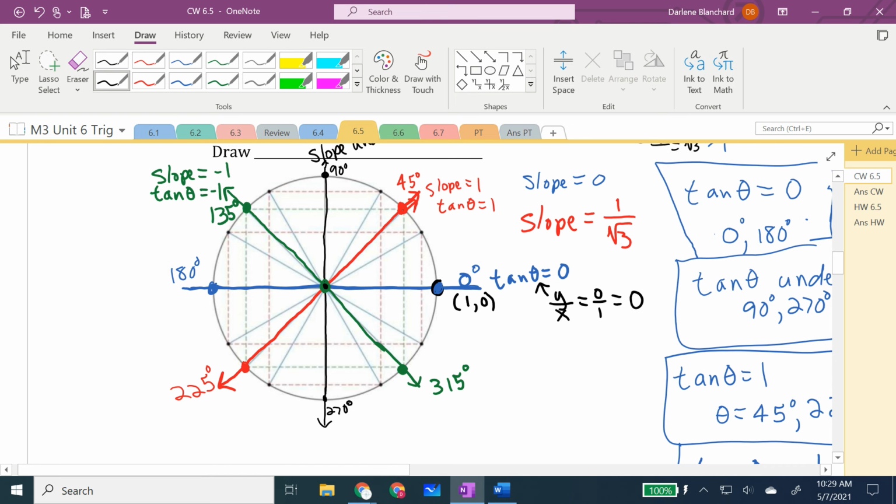However, at that angle, at 0 degrees, cotangent is just tangent's reciprocal. If I'm working with specifically 0 degrees, then I'm actually looking at x divided by y. If I'm dividing by 0, I am undefined.